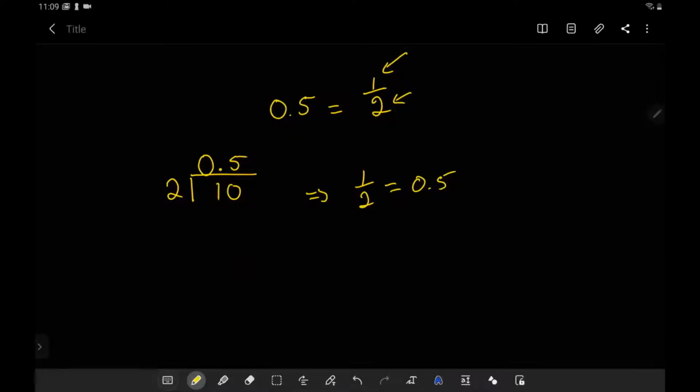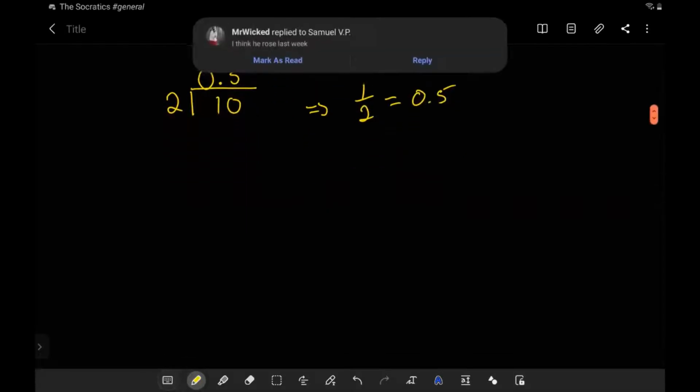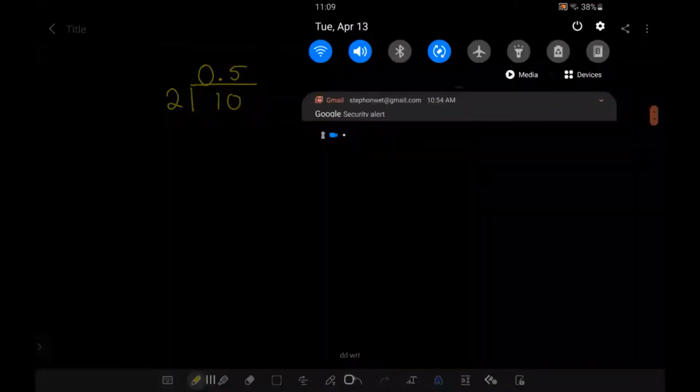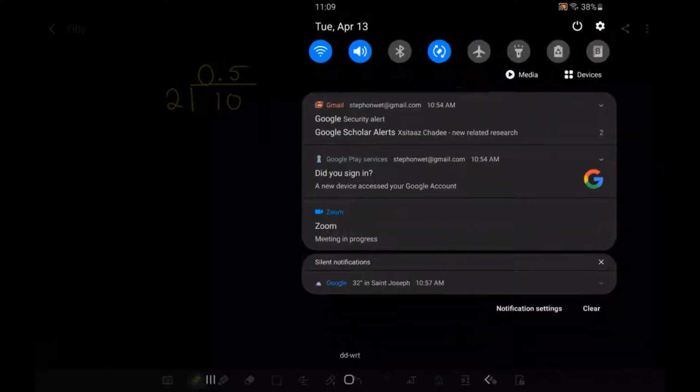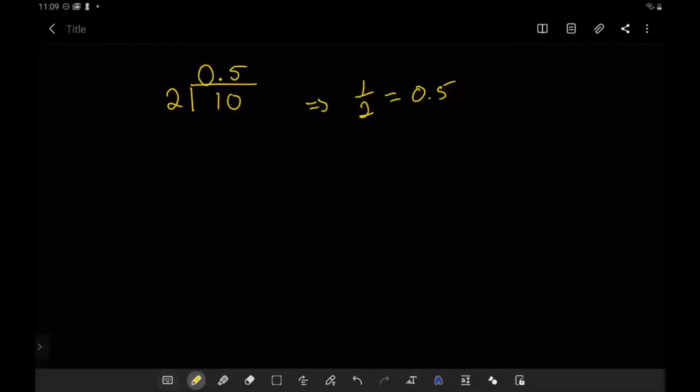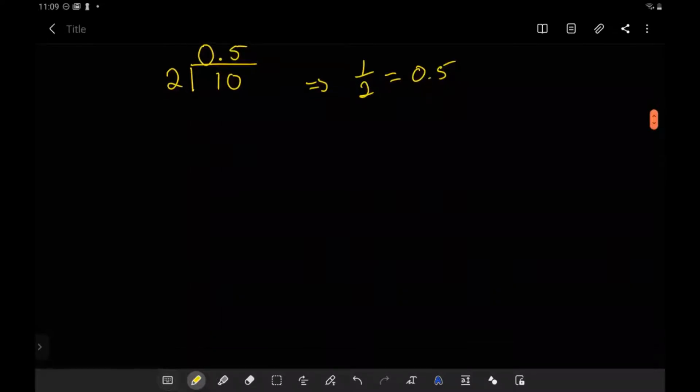Now, there are some more complicated fractions. For example, let's try 9 over 11.